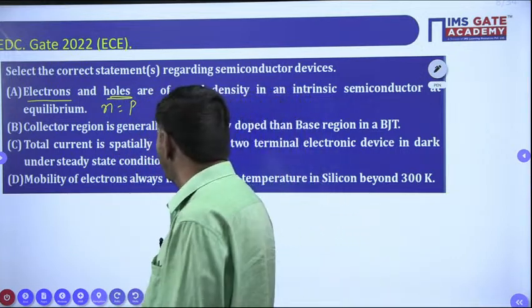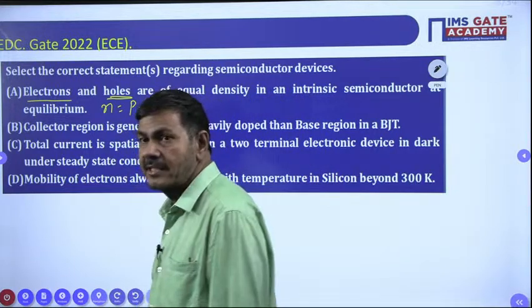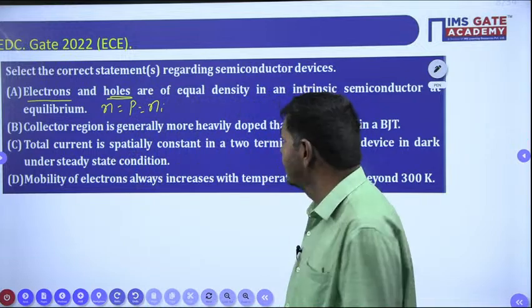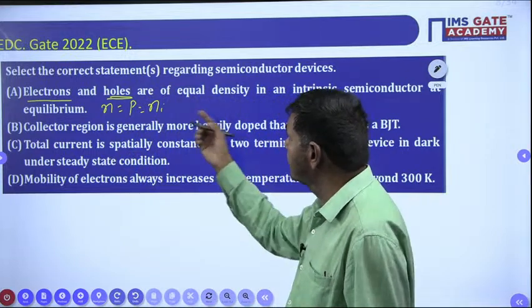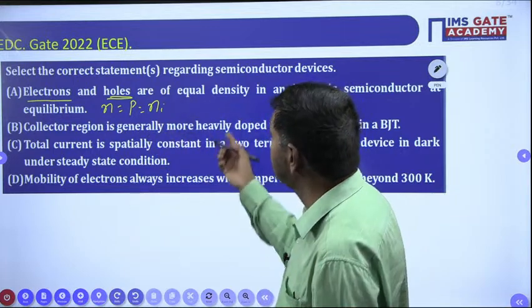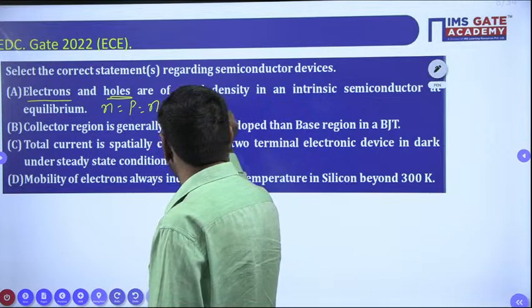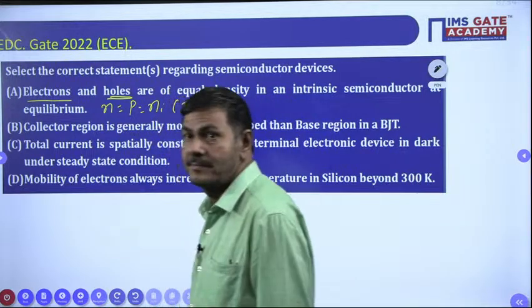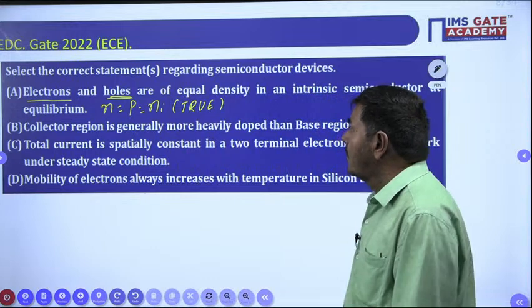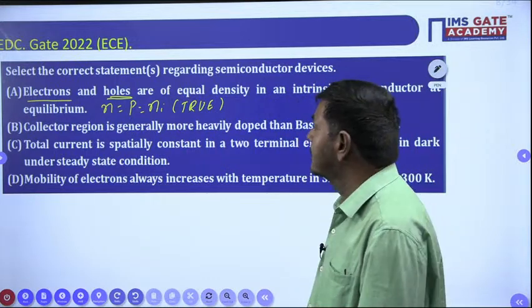N equal to P, that equals Ni, the intrinsic concentration. Electrons and holes are of equal density in an intrinsic semiconductor. 100% it is a true, correct statement. But we cannot stop there itself. We can check other points also.